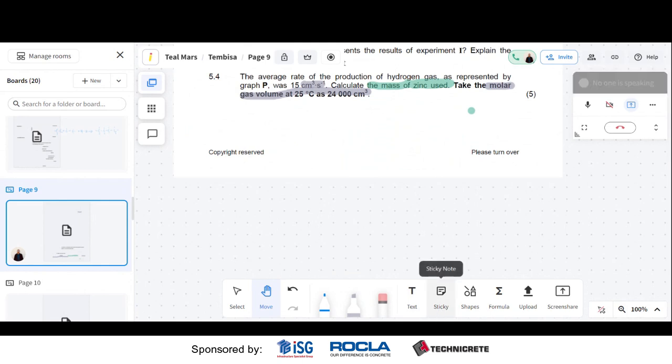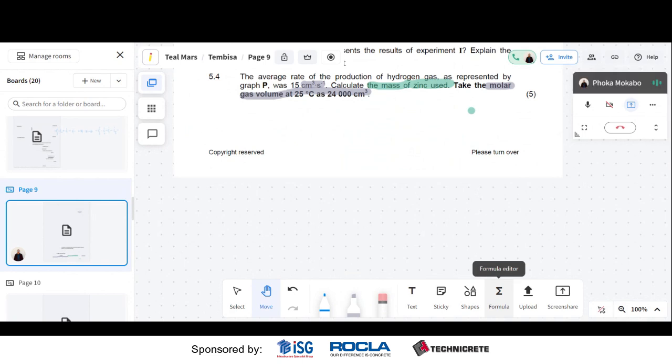Okay. So, like I said, definitely a stoichiometry question, right? By looking at this, you have the average rate of production of gas given to you.